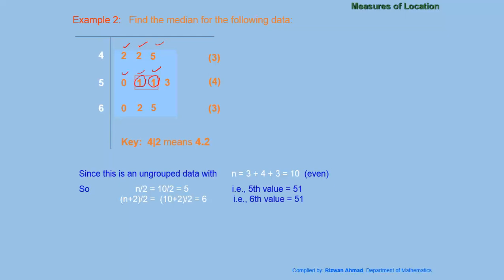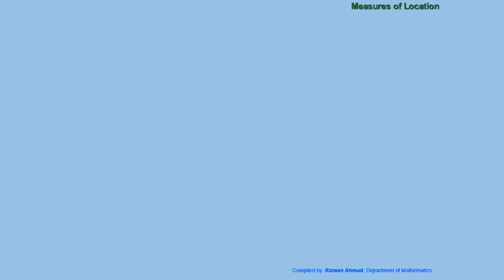So we say that it is (51 plus 51) divided by 2, which is 51. So the median of this data is 51. So this is also an example of finding the median of ungrouped data. Now we'll see how to find the median of grouped data.